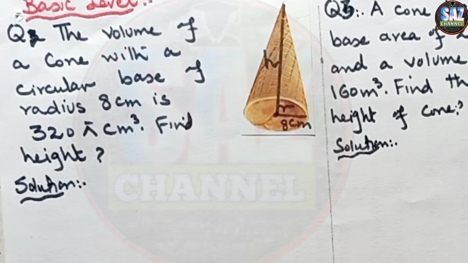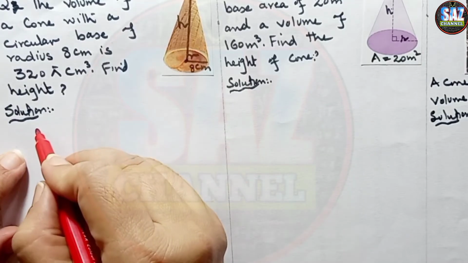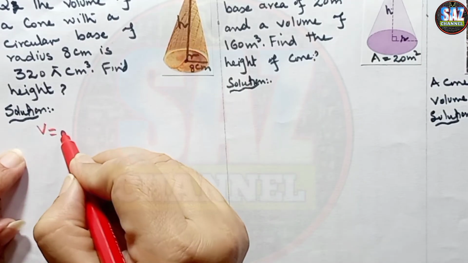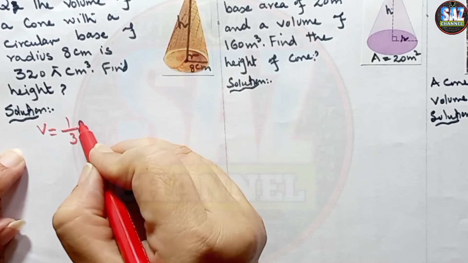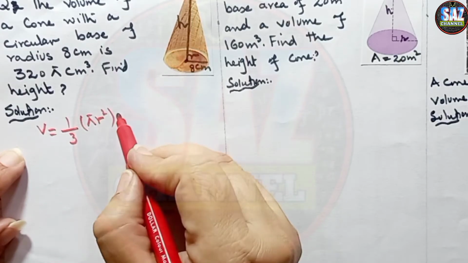So what we have to do, recall the formula for the volume of cone. That volume of cone equals to 1 by 3 into base area, which is circle, by r square into height.